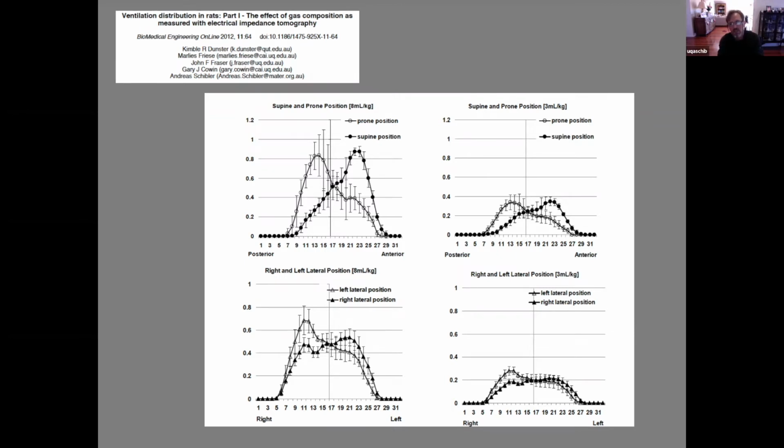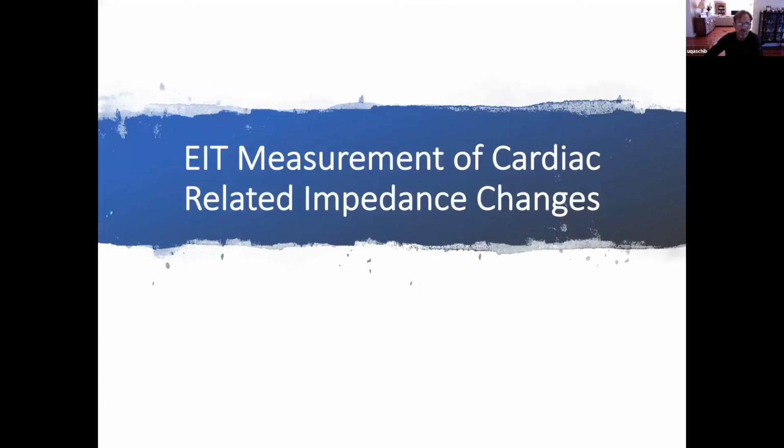So if a patient is in prone or in supine, it really distributes the ventilation always into the so-called dependent part of the lung and not in the non-dependent part of the lung. And EIT is picking this up very nicely. So we can really monitor real-time regional ventilation distribution.